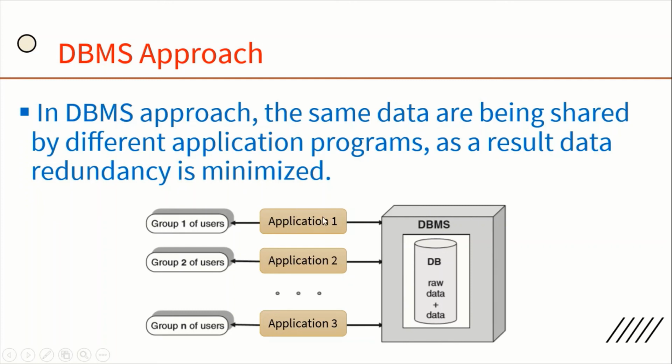This is one application, this is another program. Of course, users may be different, but the data is stored in a single place, so it is getting shared. So there is no problem of redundancy or inconsistency in DBMS. Almost all of them are reduced.